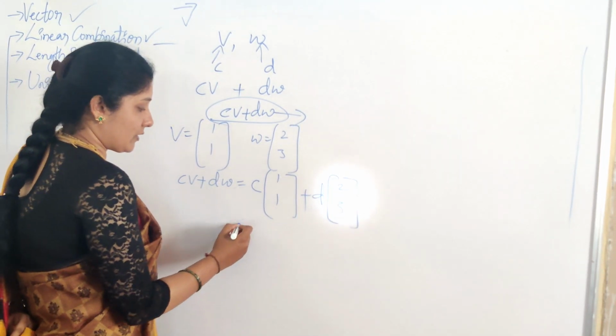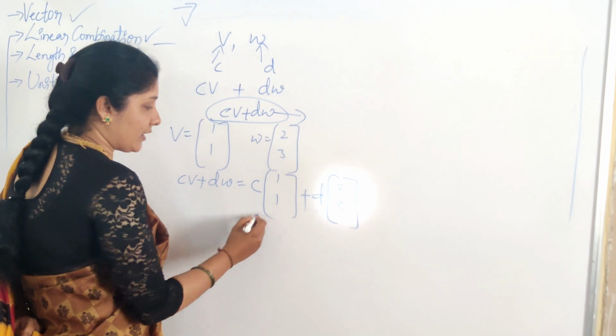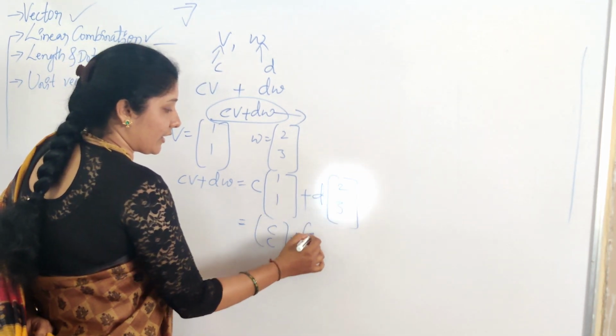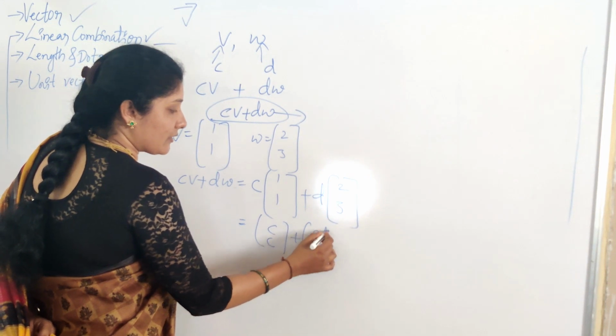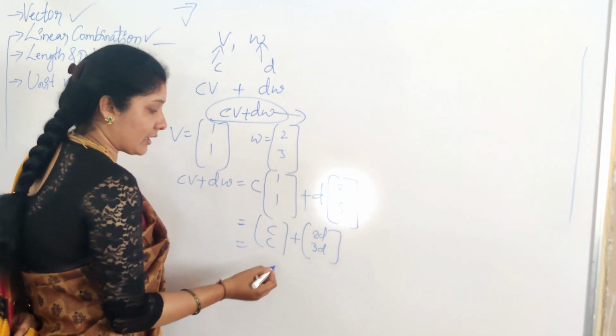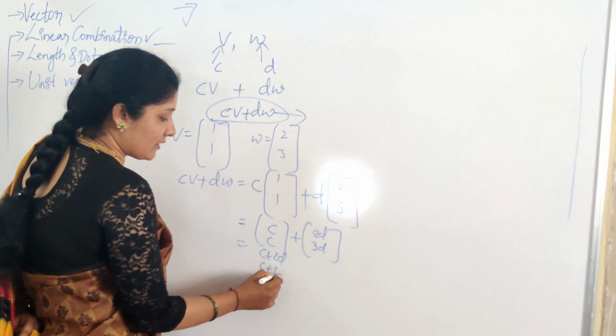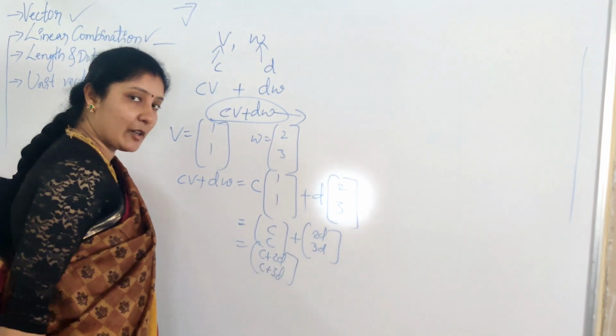So what is the answer here? We are getting c, c, and here we are getting 2d and 3d. When you add, you will get c plus 2d and c plus 3d. So this is the linear combination.